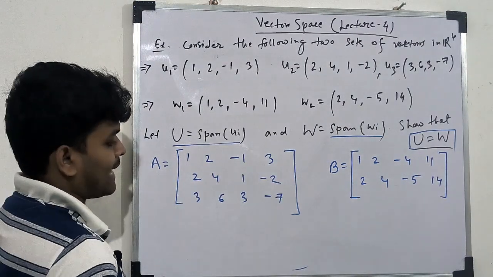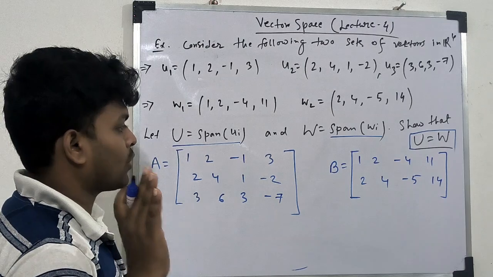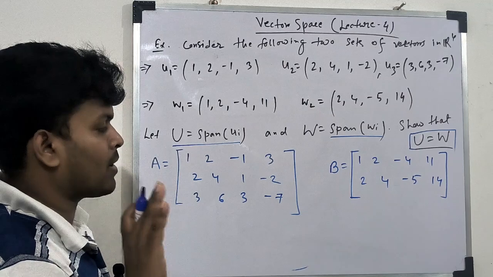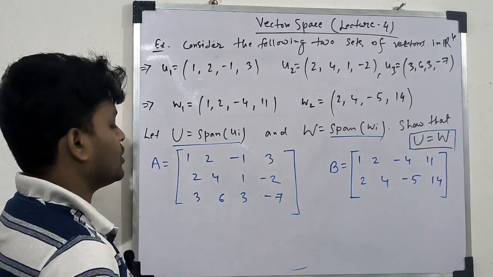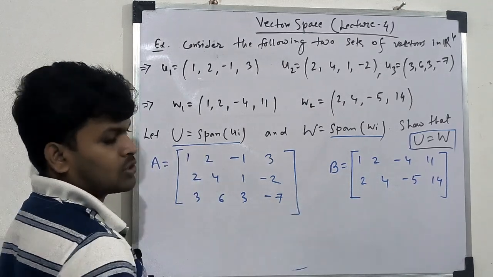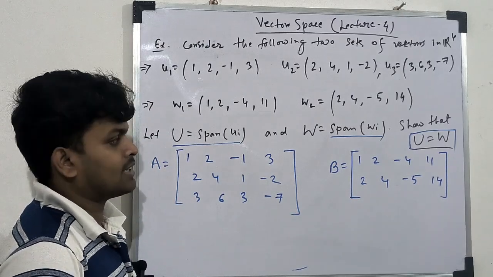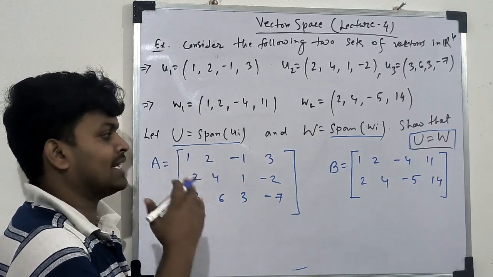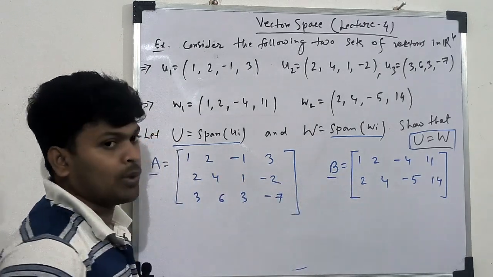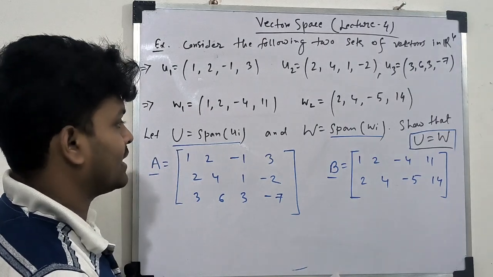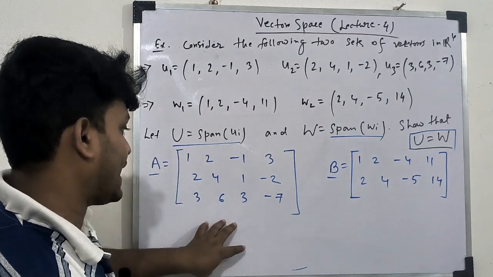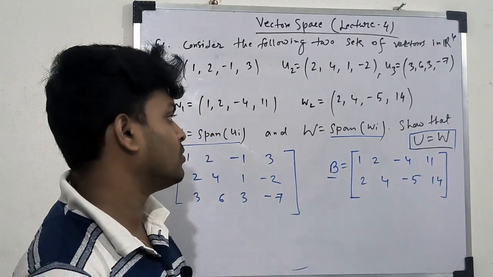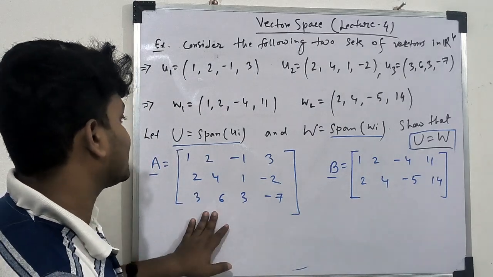If we can show that the row canonical forms of A and B have the same non-zero rows, then A and B have the same row space. That is, these rows span a space, and those rows span a space, and these two spaces will be equal, that is, U and W will be equal. So we find this canonical form.